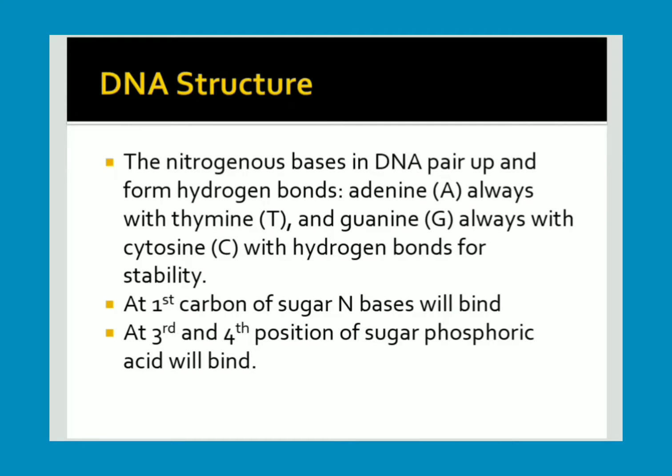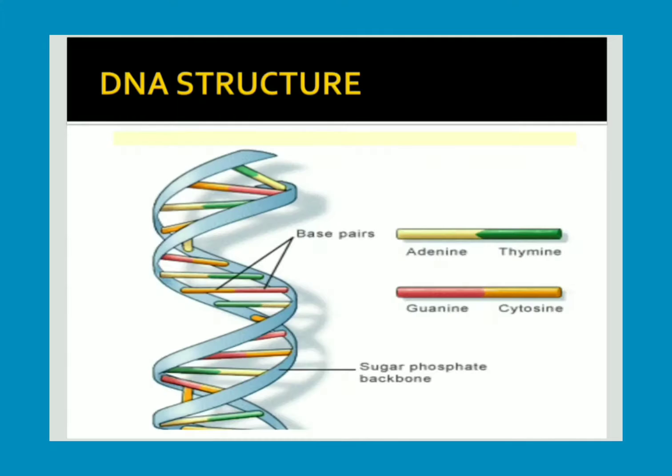The nitrogen bases in DNA pair up and form hydrogen bonds. Adenine always binds with thymine, and guanine always binds with cytosine, with 2 and 3 hydrogen bonds for the stability. At the first carbon of the pentose sugar, the nitrogen bases bind, and at the fifth position of the sugar, the phosphate groups are present.